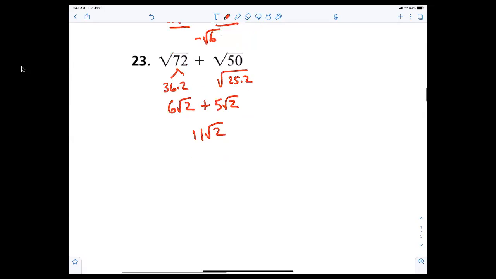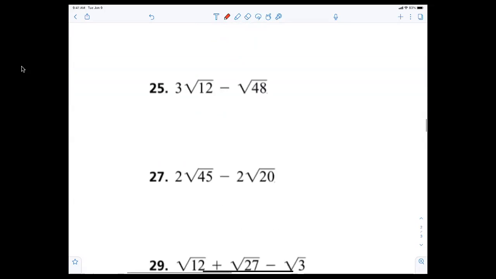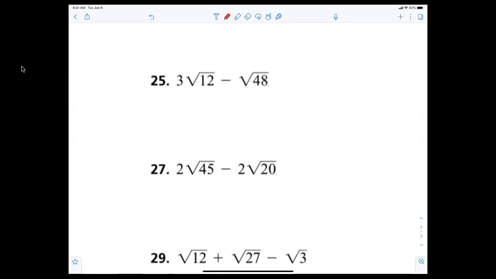All right. Xavier, help me with 25. 3 radical 12. So what does 12 break down to? 12 breaks out to 3, 4. Yes, that's correct. Now, the square root of 4 is what? 2.